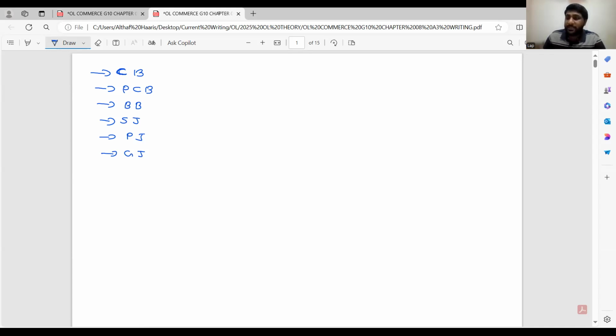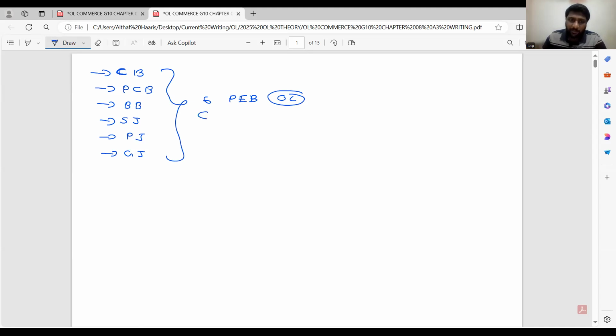These are the 6 prime entry books in O-level, also called books of original entry or day books. We learned the function of each and every prime entry book.